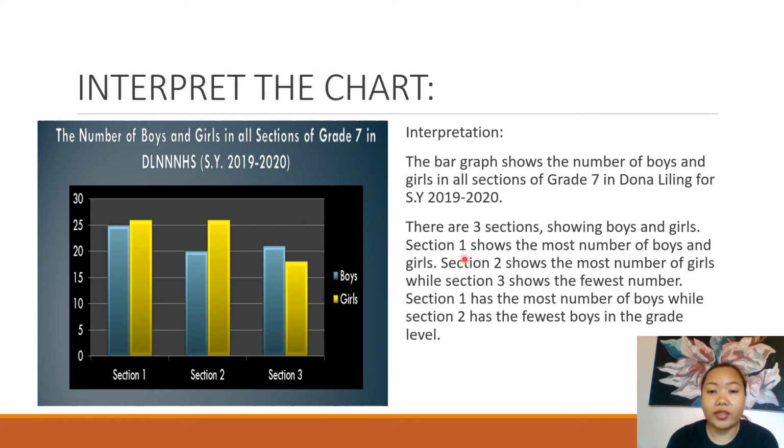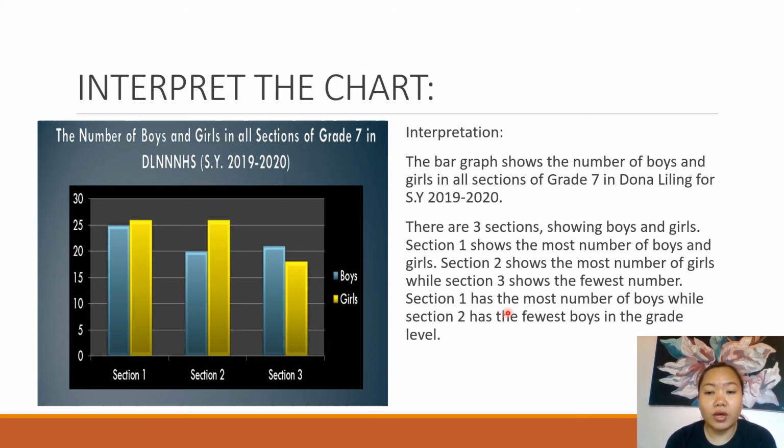Okay, so there are 3 sections showing boys and girls. You can also say blue represents boys, yellow represents girls. Then, section 1 shows the most number of boys and girls. Section 2 shows the most number of girls, while section 3 shows the fewest. So you generalize that of the three, section 3 has the fewest number.